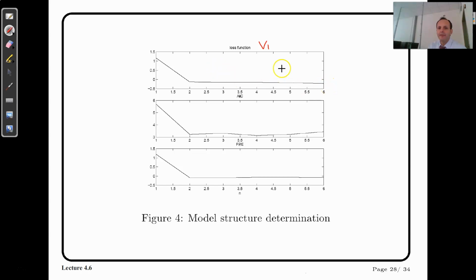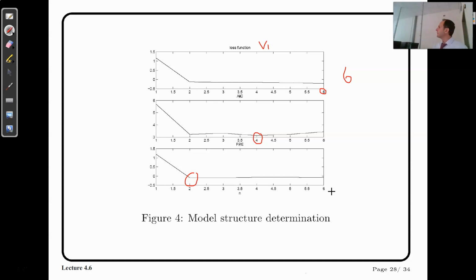So perhaps from the inspection of the cost function, you will select an order of 6, because the minimum is reached only for the higher order 6. For example, the Akaike information criterion can have a minimum at 4, but the last one, the final prediction error, is 2. So which is the correct order?